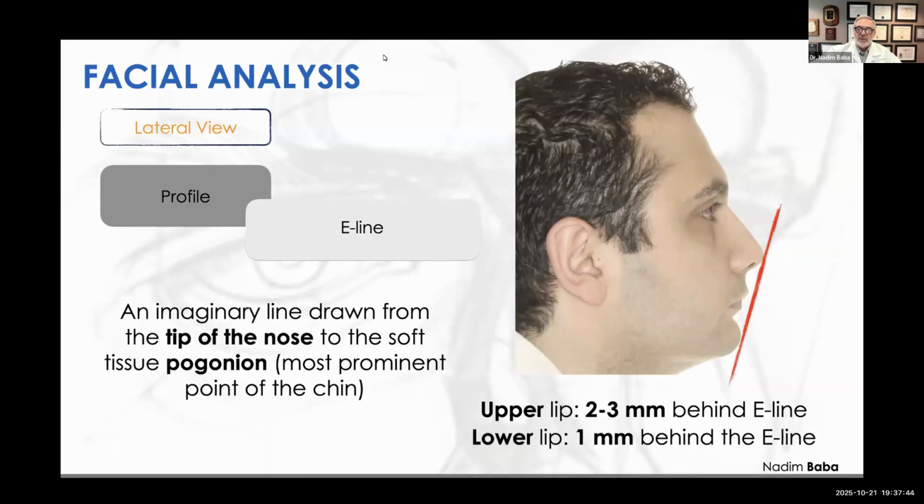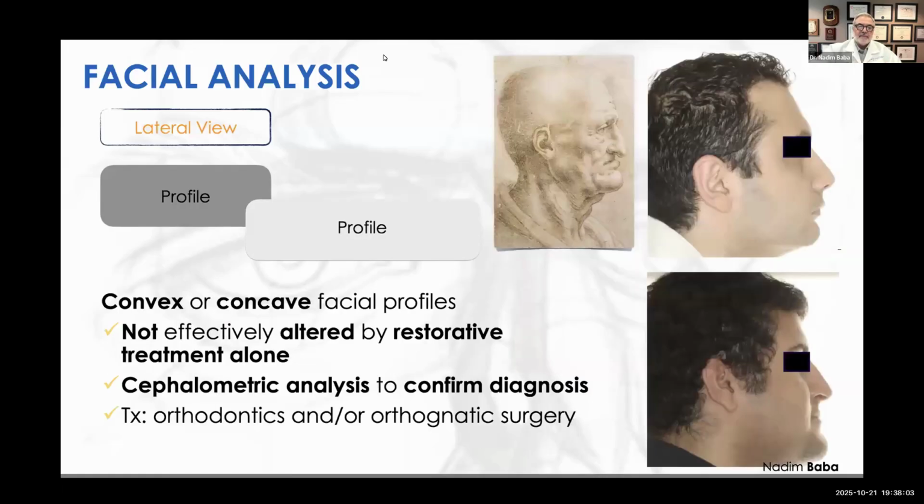So if you look at that patient, you notice that his lower lip is too far backward. So if you want to push that lip forward to make it like 1 millimeter behind the E-line, you will not be able to do that only with your crowns. You're going to need some orthodontic intervention.